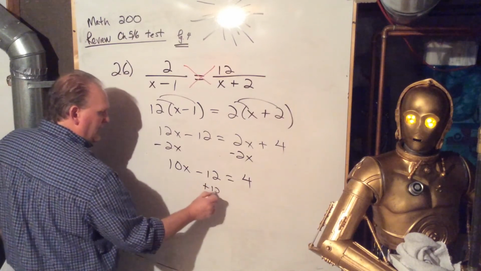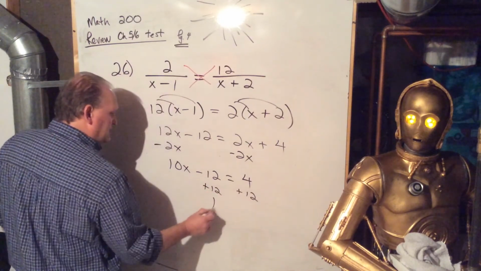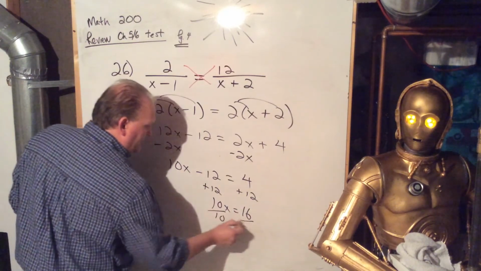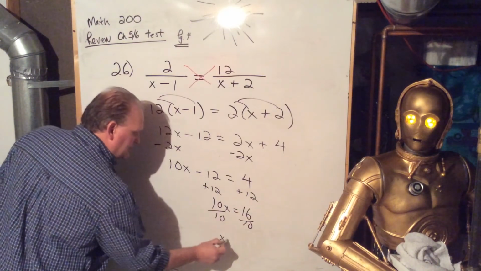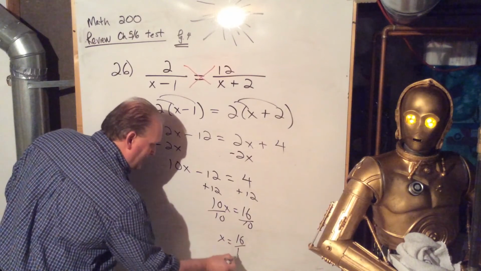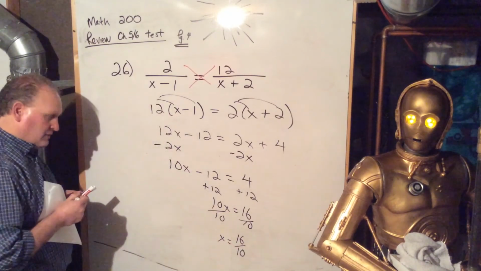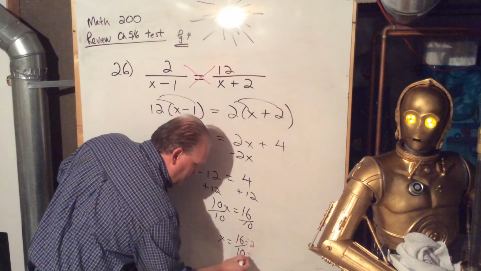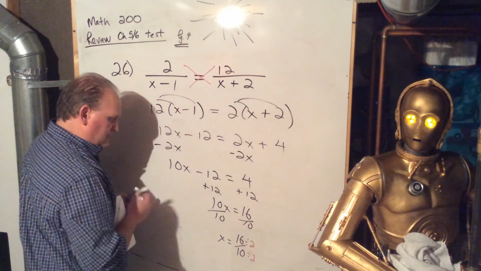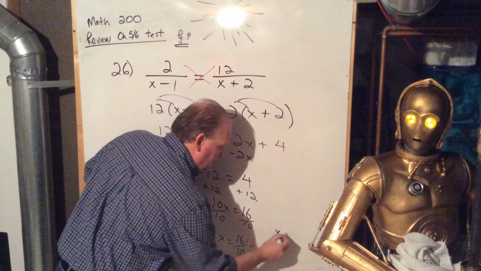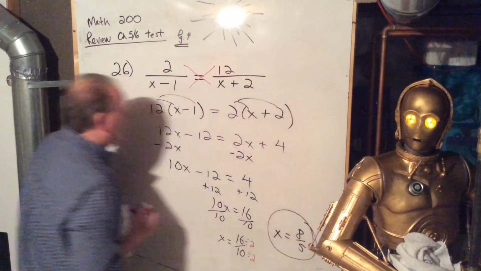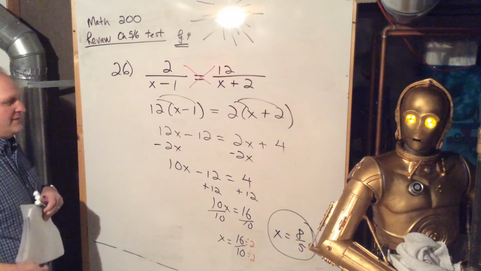Isolate the variable, add the 12 to both sides, get 10x equal to 16, divide by 10, x is equal to 16 tenths, but, oh no, we got to reduce that. Divide by 2, x is equal to 8 fifths. And that finishes off page 4 of the review.